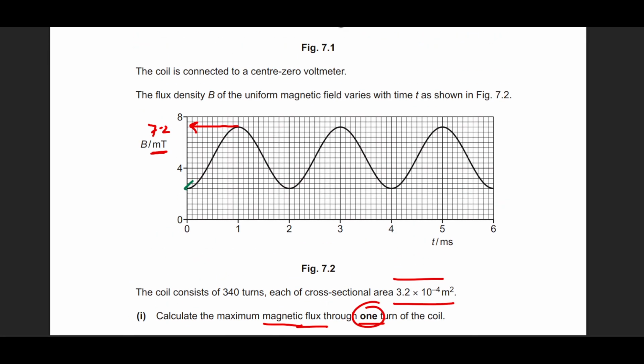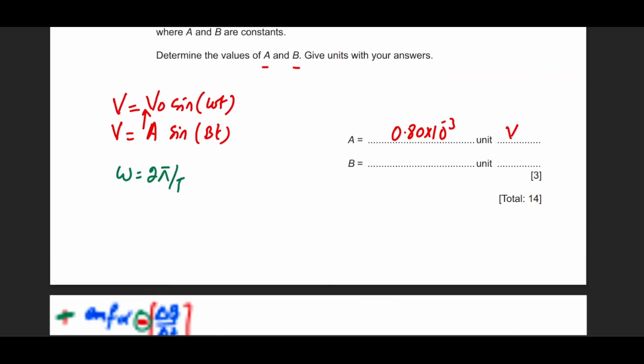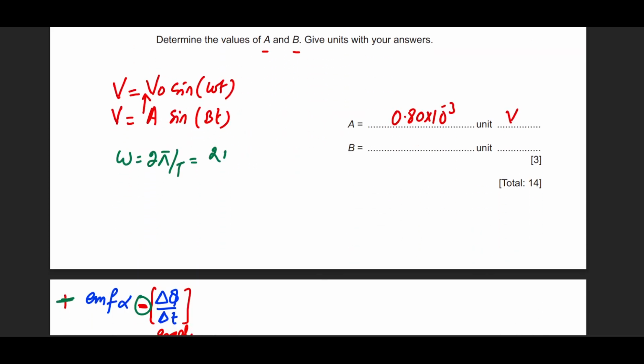We can see that from this point to this point is one complete oscillation, or you can choose from this point to this point, or you can also choose from the starting point to the ending point when they both reach the mean position. But I prefer crest to crest and trough to trough. It's easier to see. So that is 2 milliseconds of time. So this becomes 2 pi divided by 2 times 10 raised to the power minus 3.